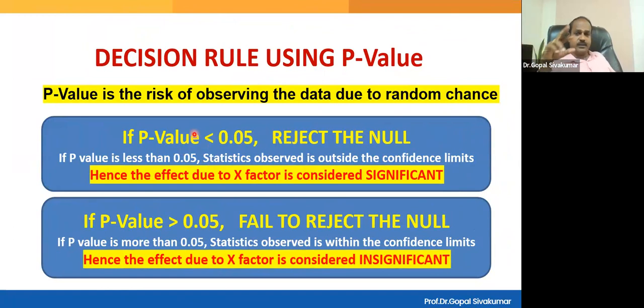It is based on a big table called the normal distribution table or standard normal distribution table. The normal distribution table is based on average and standard deviation, for any value of average and standard deviation. But there is one more thing called standard normal distribution, where the average is assumed to be 0 and the standard deviation is assumed to be 1.